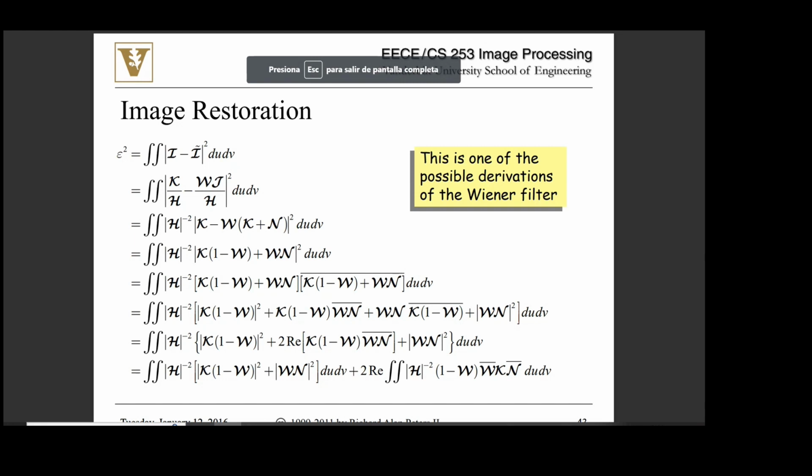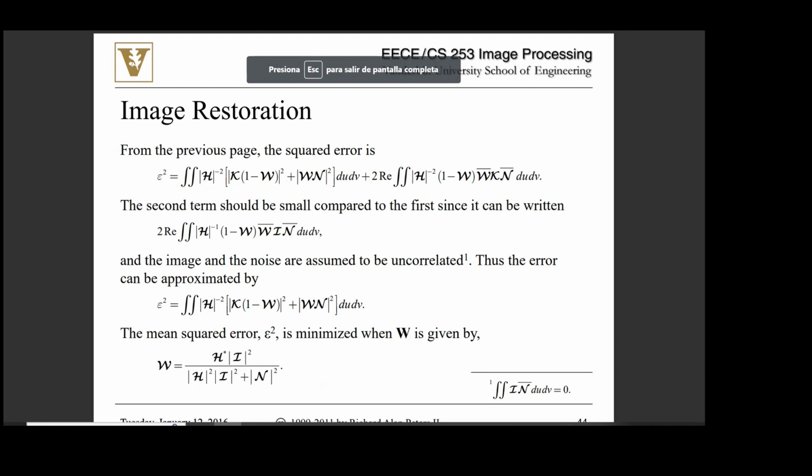So I want to find the W that minimizes this. And here it comes. His derivation is a little bit so-so. He starts saying, okay, if you look at this term here, it has I and N. These bars are complex conjugates.